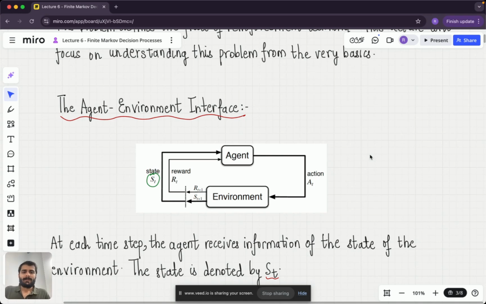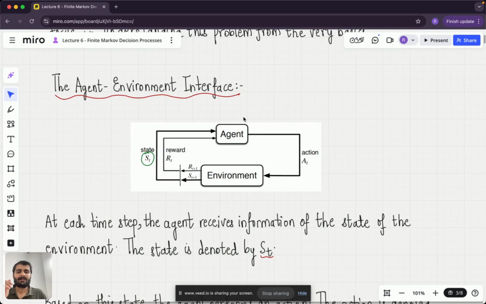What this interface says is that there is an agent at the center of the reinforcement learning problem. Now, this agent is receiving information from the environment about the state of the environment, and the state is denoted by S of t. So, at every time step, the agent is receiving some sort of information from the environment, denoted by S of t.